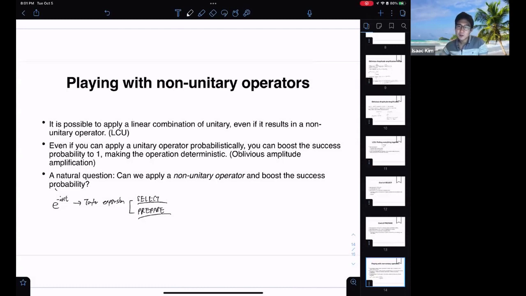But then Ewin Tang showed that there are classical methods, inspired by these quantum developments, which are exponentially faster than the older classical methods. So there seem to be some developments in this direction as well, but maybe not Hamiltonian simulation yet.